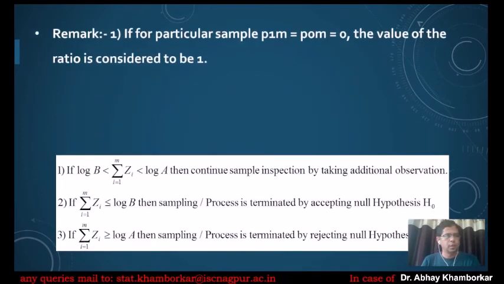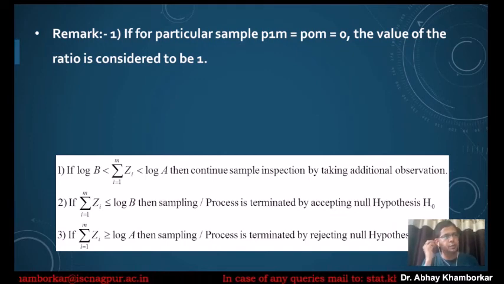Now, I have again written here that there are two situations where we have to make assumptions. In the first case, because it is a ratio, ultimately summation Zi involves the ratio. So there are two or three things that may happen.